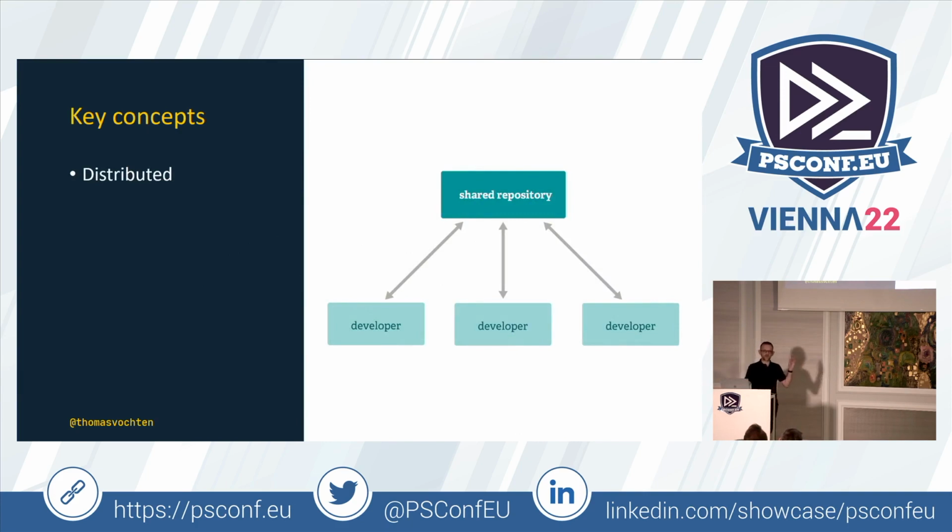First one, the major keyword is distributed, because that's quite interesting. And in the beginning, when you start working with Git, it's not that simple to grasp. What it means is there is no single master version of the truth somewhere. Every developer, and could be an IT professional, has their own copy of the complete source code on their PC or somewhere else on a server.